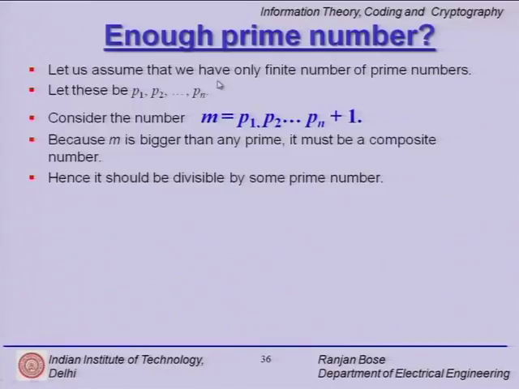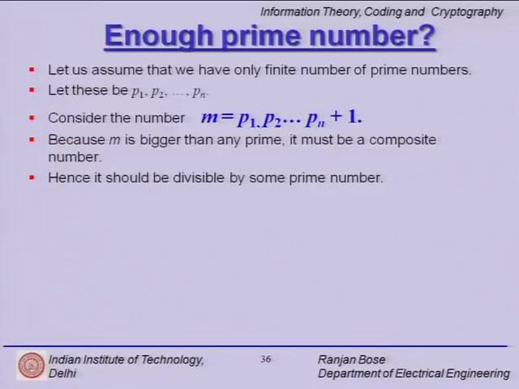Let us see whether this assumption is right or wrong. Let us make another number m as the product of these prime numbers plus 1. So, m is larger than any of the prime numbers, and since there are only so many prime numbers, m is a composite number.